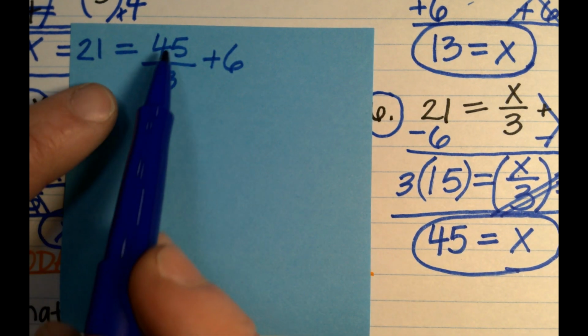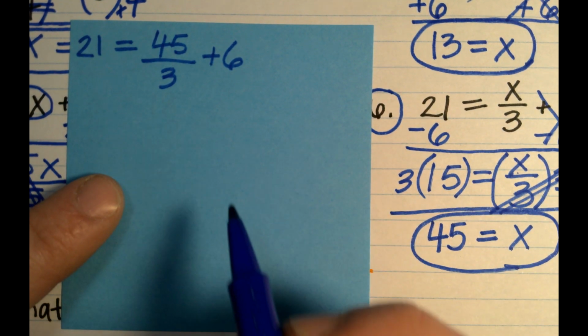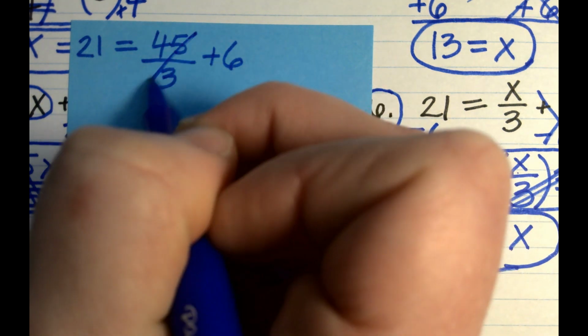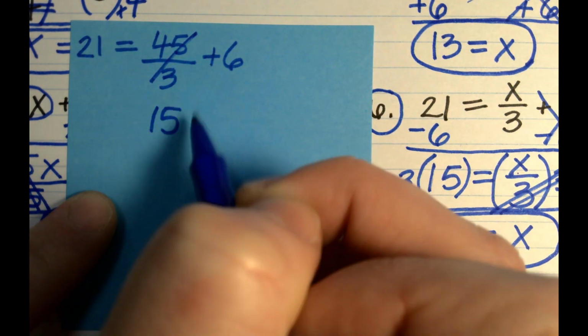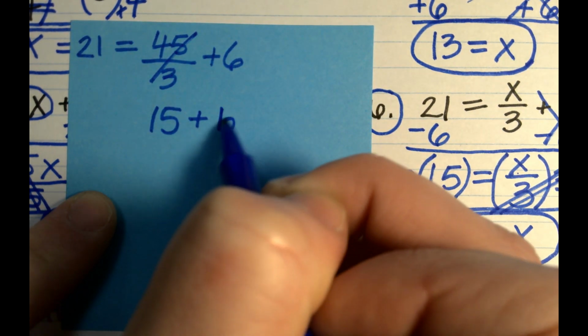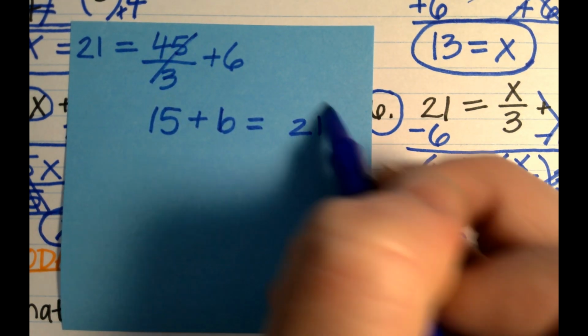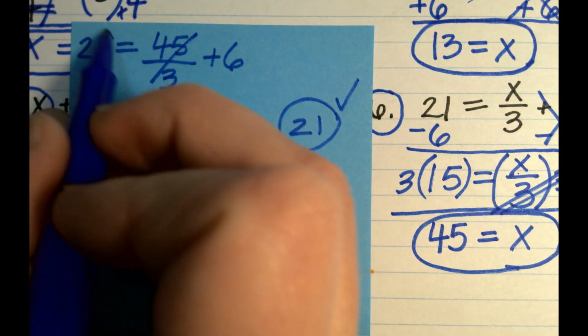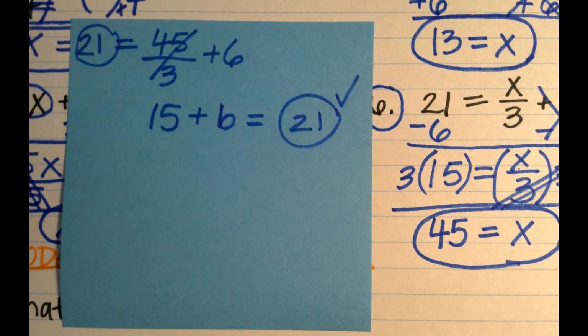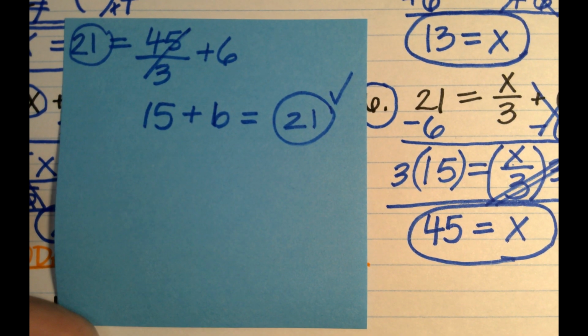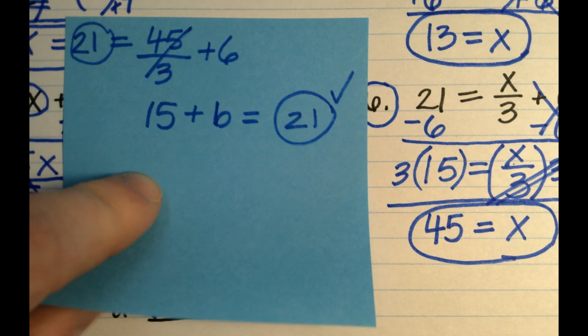So first off, what is 45 divided by 3? 15. Good. And now we just do 15 plus 6, and that is 21. That's exactly what we wanted, so we did it right. Awesome. That makes sense to everybody.